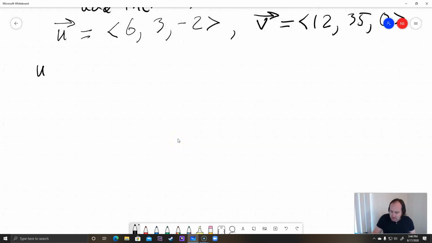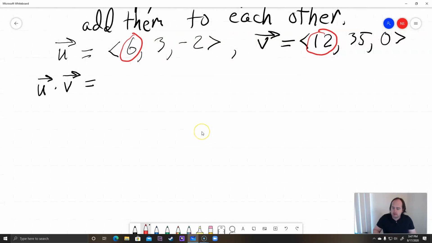Well, u dot v means we multiply the components. So let me do it with colors here. We've got the first components, 6 times 12. That's the first multiplication that we do here.